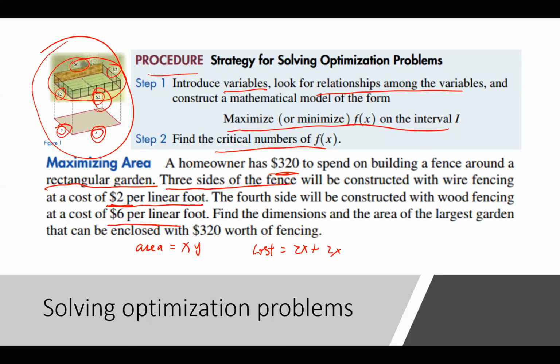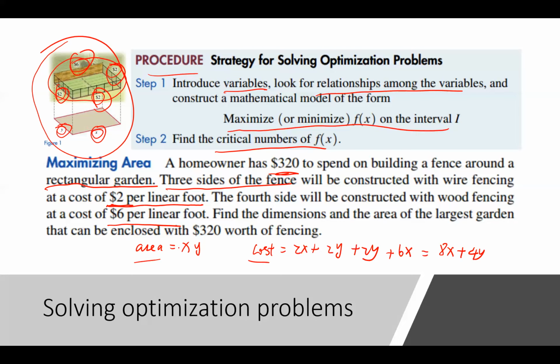And this is 2y, and another 2y, and then one more is 6x. Basically, what I'm trying to do is calculate the total cost required by this rectangular garden. We can add things up to give us 8x plus 4y. So this is our cost.